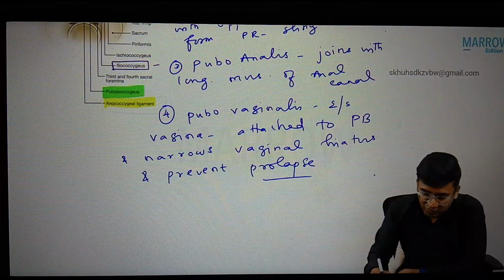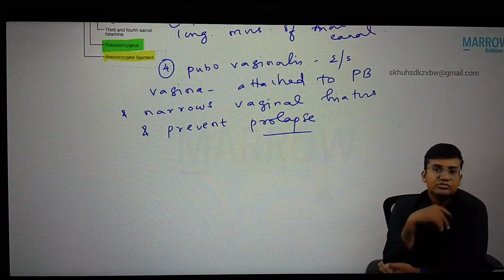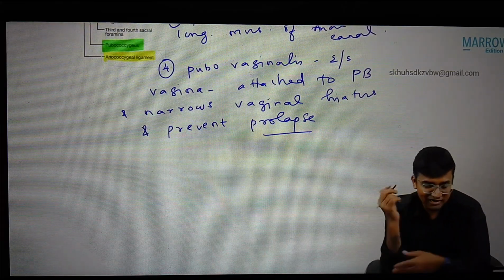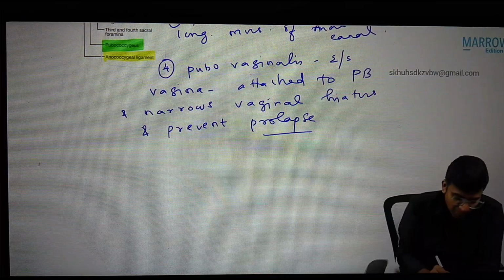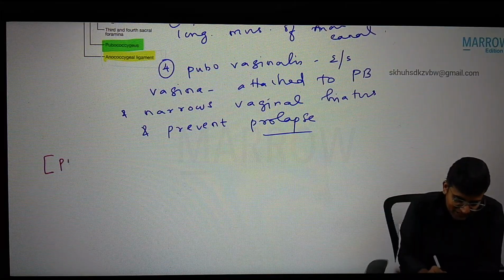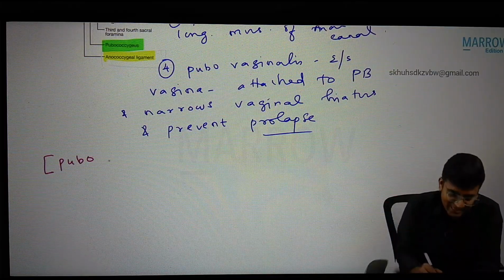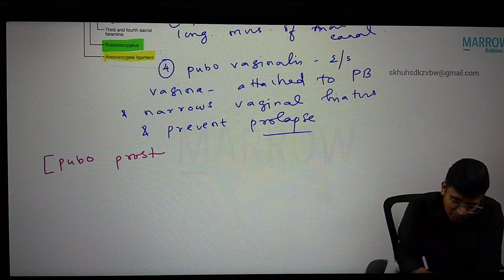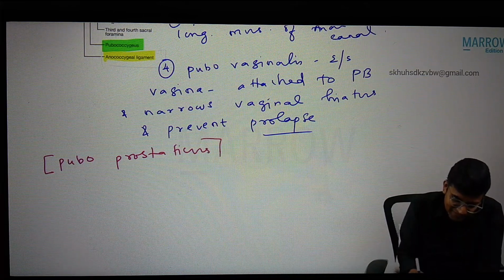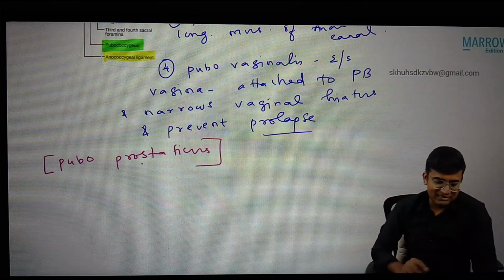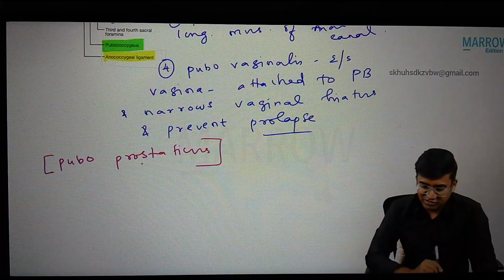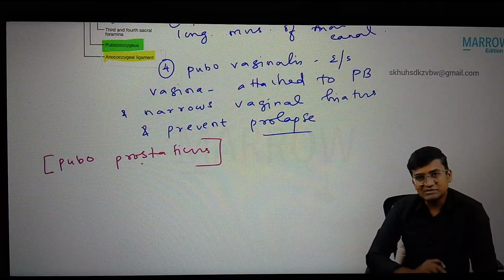Now, instead of pubovaginalis in the male, what is the counterpart? Puboprostaticus. So, these are the various subtypes of the pubococcygeus muscle.